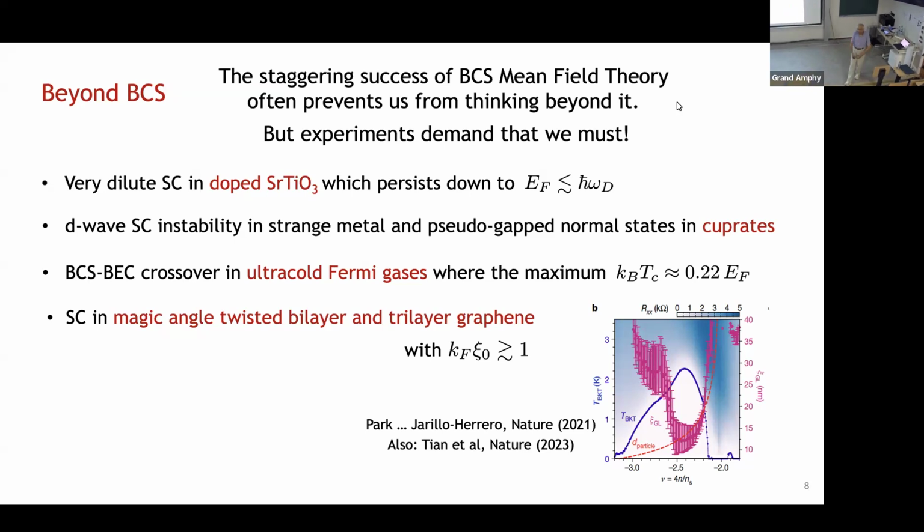In BCS theory, the coherence length is huge compared to kF inverse, the Fermi wavelength. But in these systems, this ratio is of order 1. This cannot be described within BCS. So I think we have no choice but to widen our horizon if we want to confront these. I'm not saying that the same ideas will describe everything, but we just need to think beyond BCS.